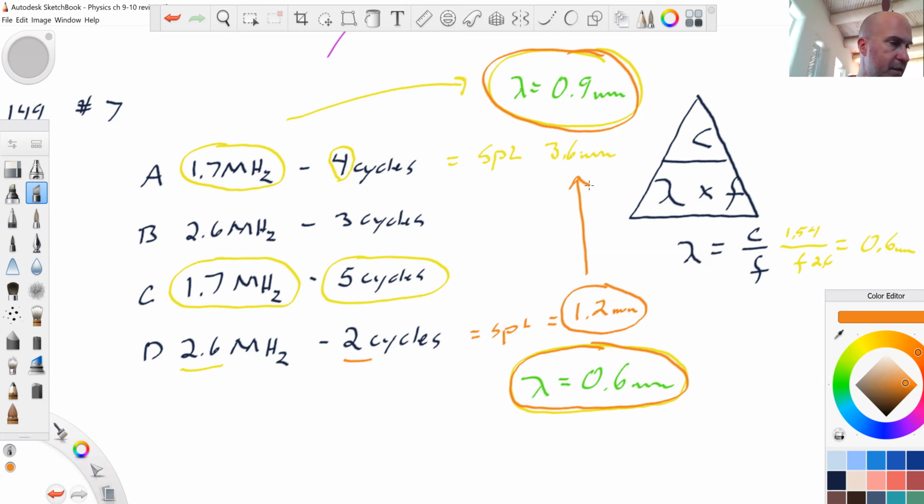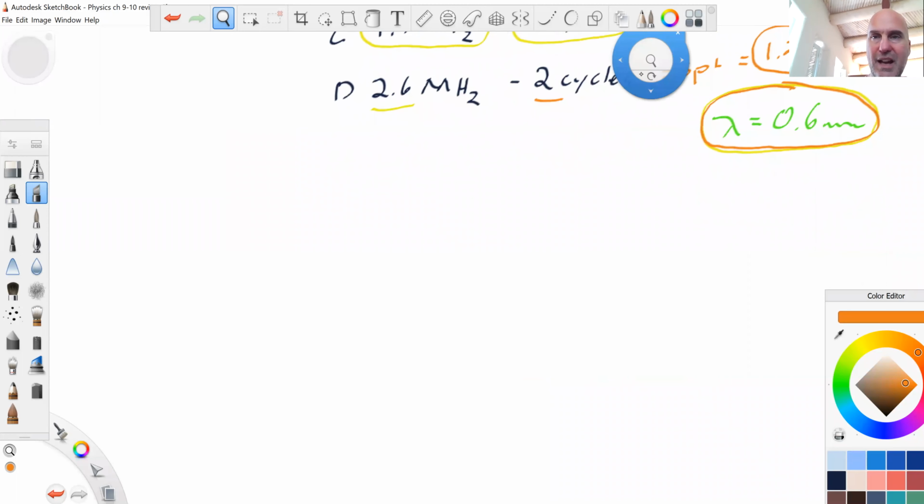Okay, number 8, in soft tissue, a 3-cycle 1 megahertz pulse has a pulse length equal to 4.5 millimeters. What is the axial resolution? Right off the bat, I'm thinking I have some unneeded information here. We know that 4.5 is the spatial pulse length.